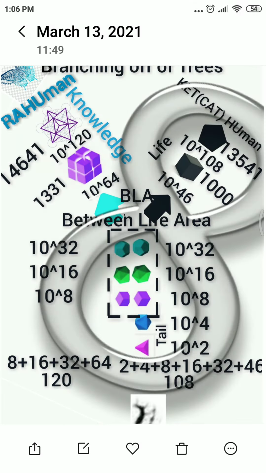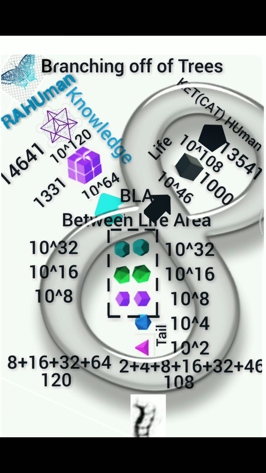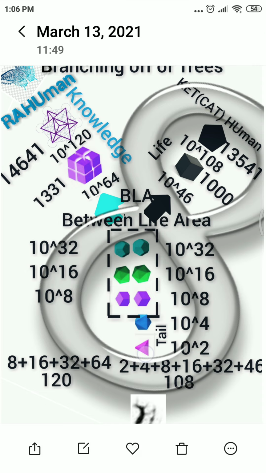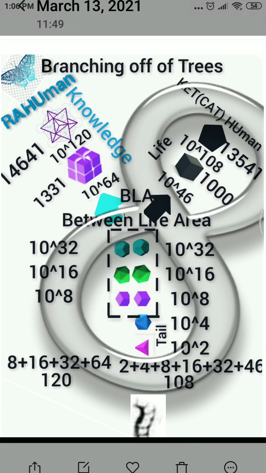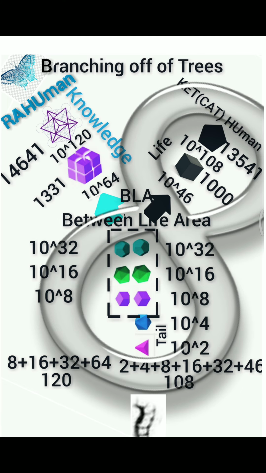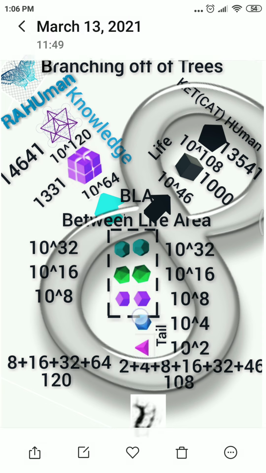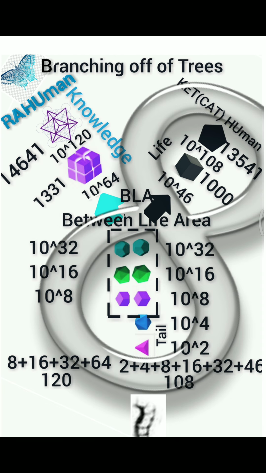If you take the total of all these things, plus this and this on the side of the tree of knowledge, you will get 126. So the Chichen Itza pyramid represents this path.